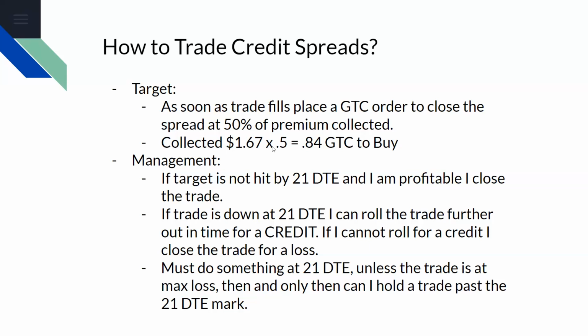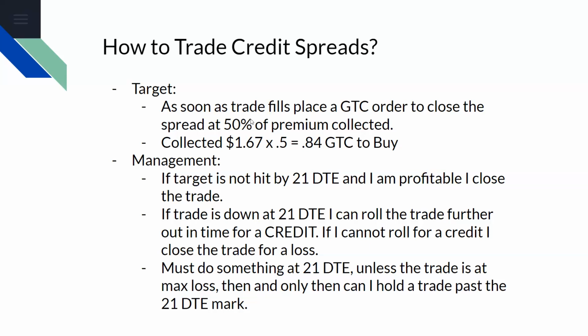So if I am receiving a $1.67 premium, I multiply that by 0.5. That gives me 84 cents as my good till cancel order to buy this back. So my goal on this is to capture 50% of that premium.